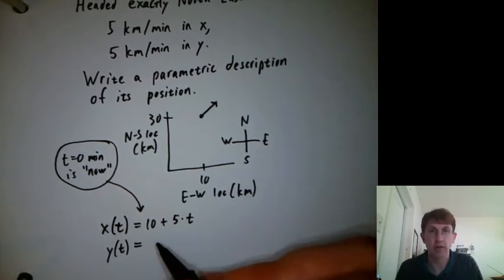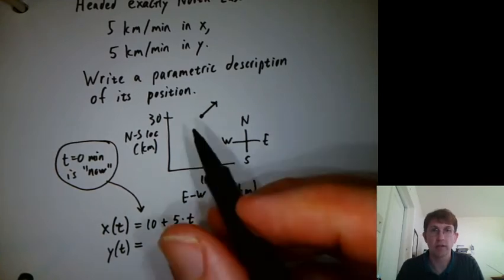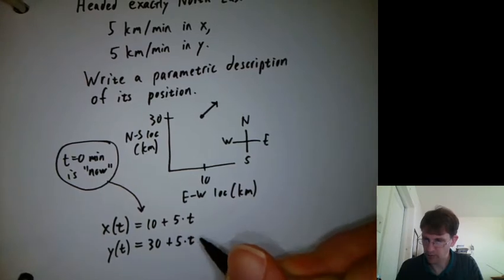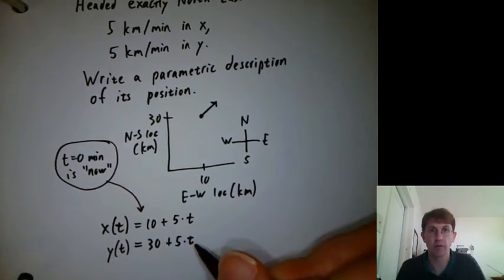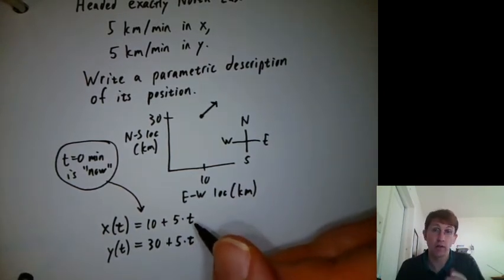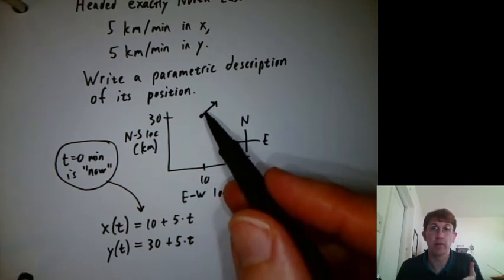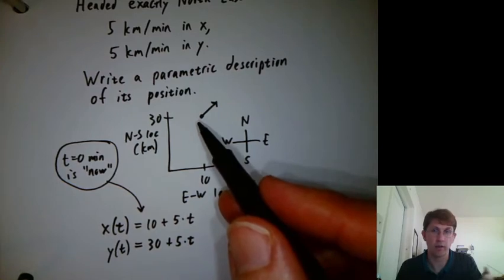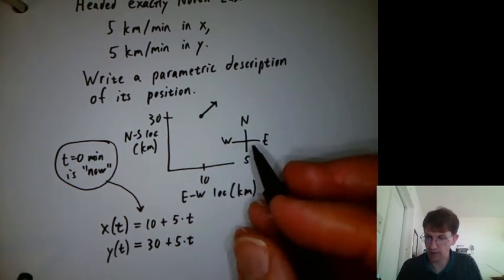And then what would you say for y of t? It starts at 30 and increases at 5 kilometers per minute for every minute that I go forward from now. You could also plug in negative t values here, and that would predict where the airplane was a minute ago or 2 minutes ago, kind of before now. So that's not a bad idea.